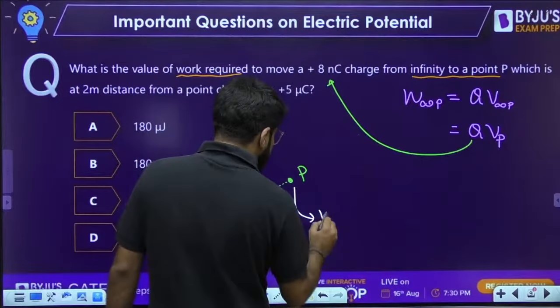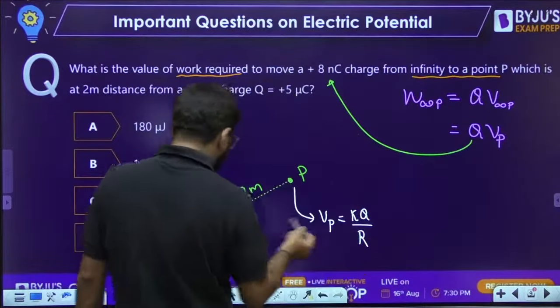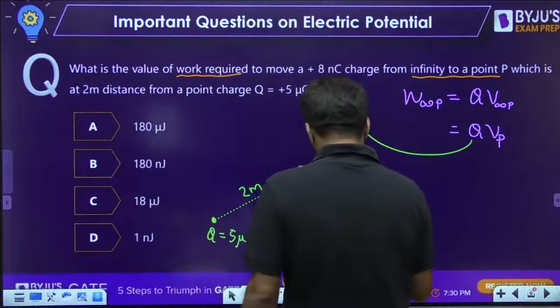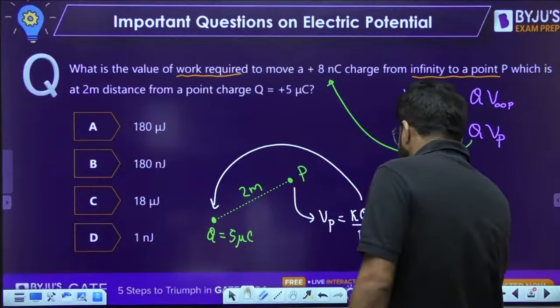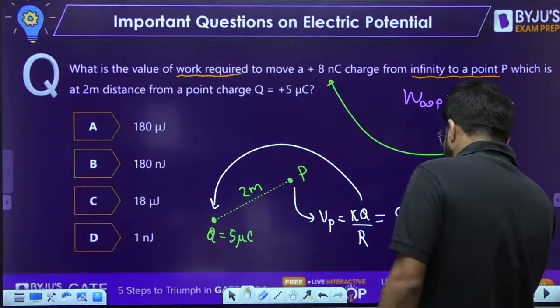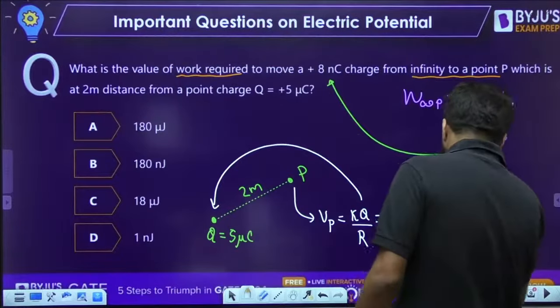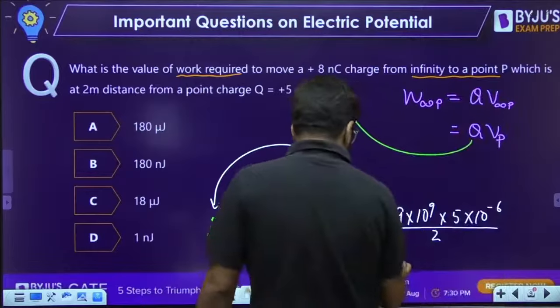The potential again will be using the formula KQ by R. Which Q? It is going to be this source charge, the 5 microcoulomb. So it is 9 into 10 raised to the power 9 into 5 microcoulomb, which is 5 into 10 power minus 6, divided by the distance which is directly given.